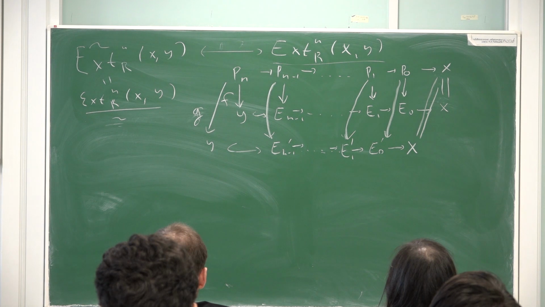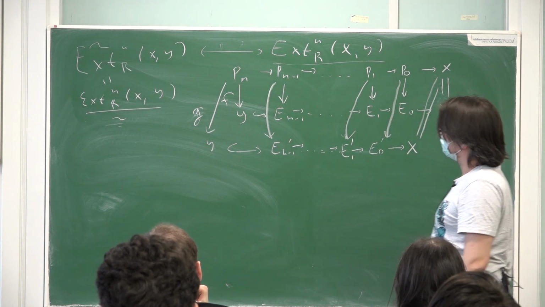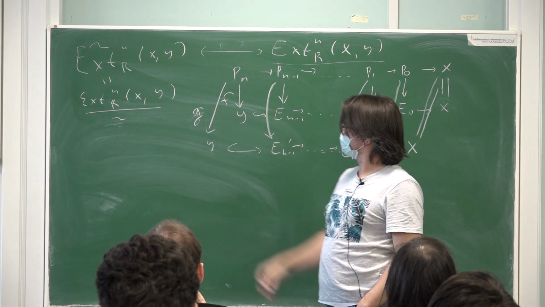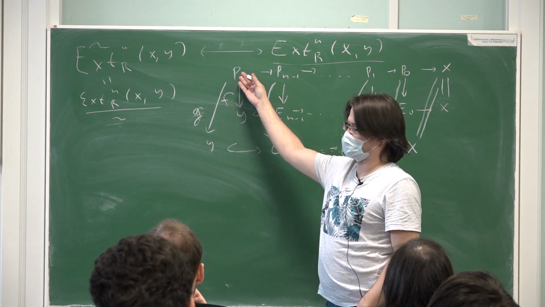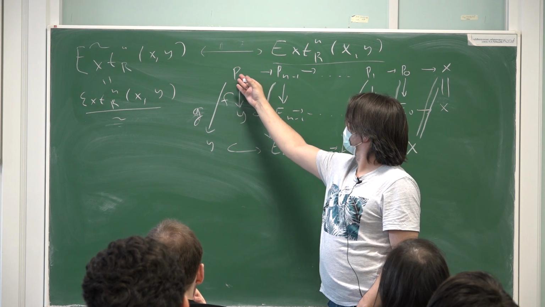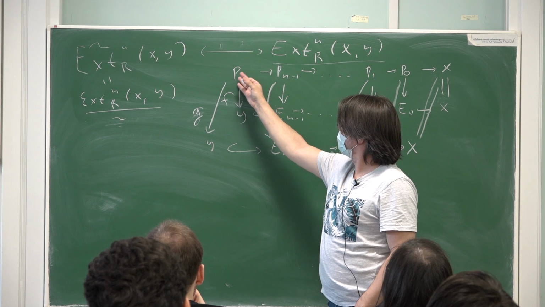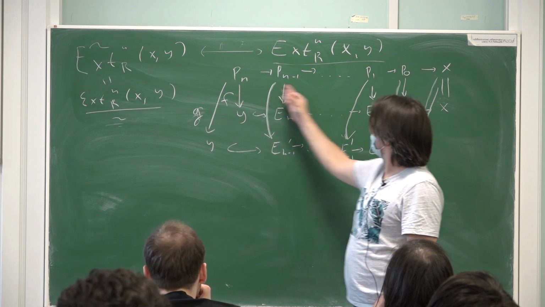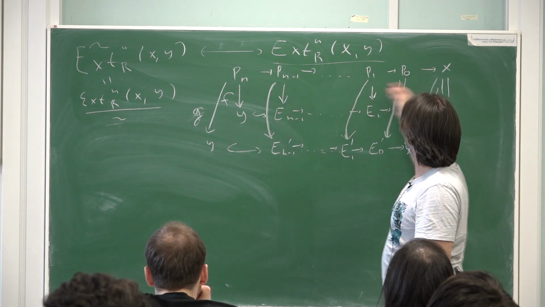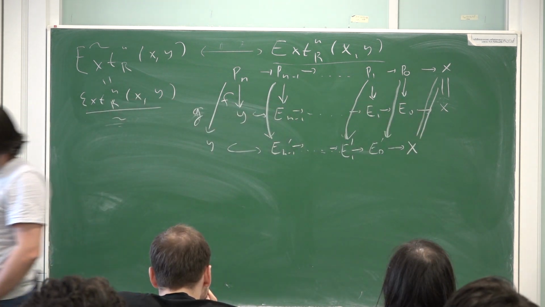So now to understand what long exact sequence corresponds to the sum of f and g, we have to construct some long exact sequence and a map from Pn to y, f plus g, and fill all these maps in such a way that we again will have a commutative diagram.